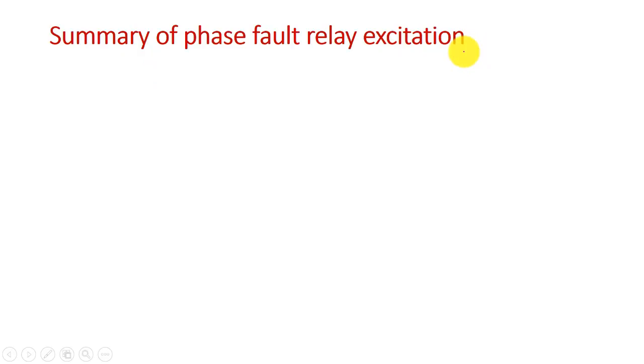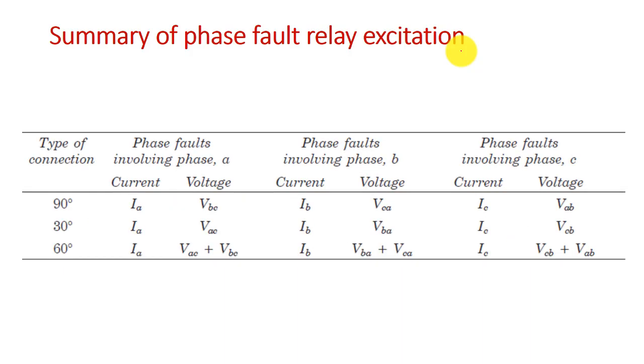So we can conclude that the 90 degree connection for each of the phase faults is suitable. Other suitable connections we can also see here, for phase faults involving phase A, phase B, and phase C. Now we can summarize which connection we consider for different types of phase faults.